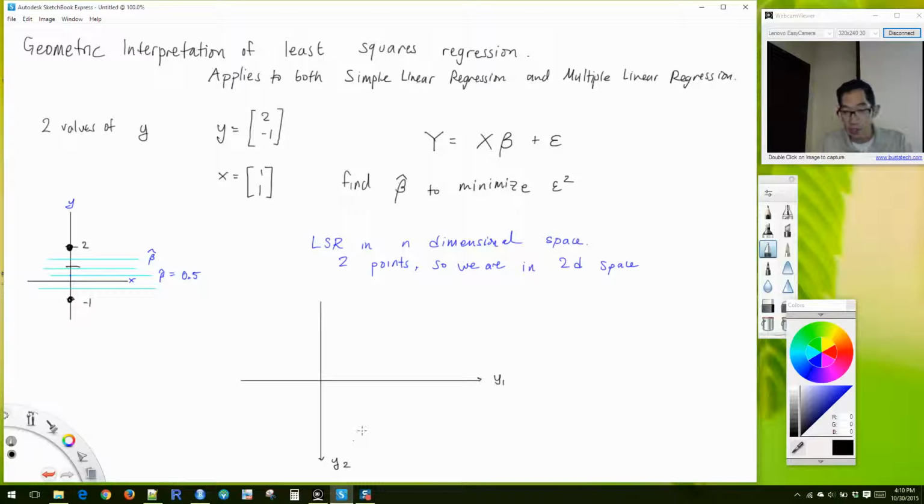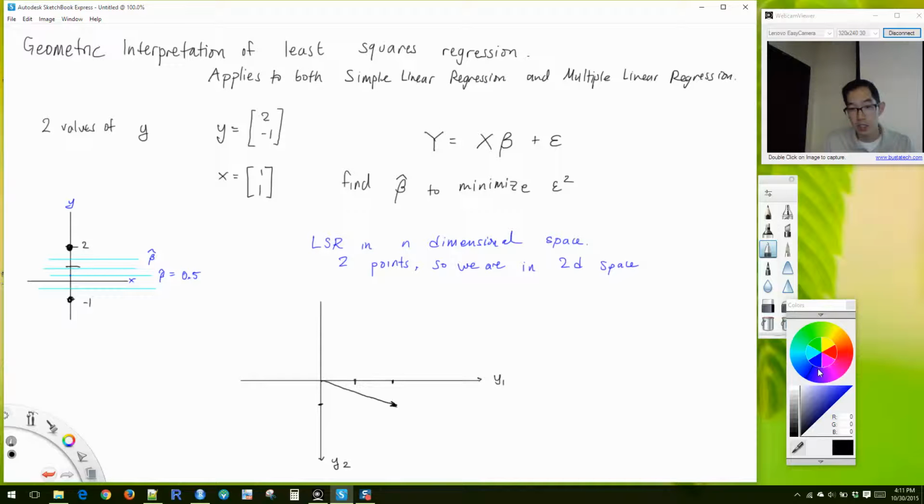And so we are at the point (2, -1). I'm going to do my very best to draw a straight line right here. So this is a vector, we can call it A. This represents the vector from the origin to the location of our data.